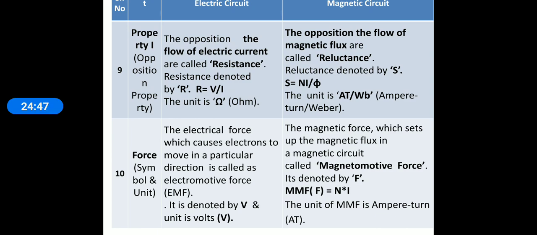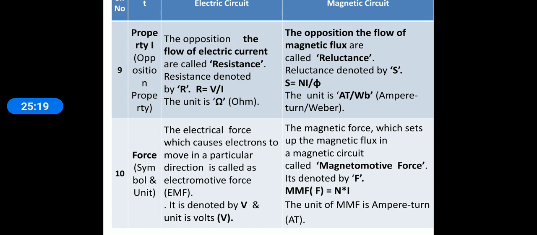In a magnetic circuit, the opposition to the flow of magnetic flux is called reluctance. The reluctance is denoted by S. S equal to NI by phi. The unit of reluctance is ampere turn per Weber.